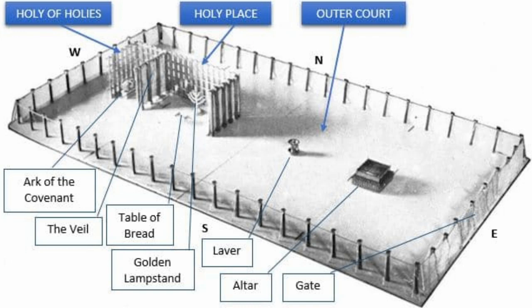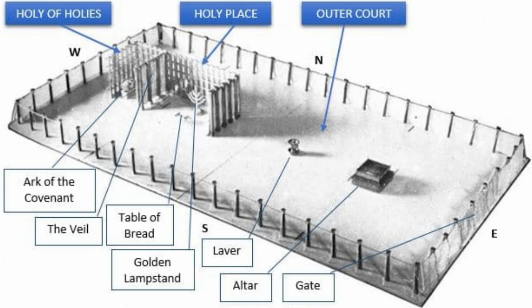It was made up of a courtyard, and at times the courtyard was called the outer court, in which was the brazen altar and the laver. The altar and the laver.